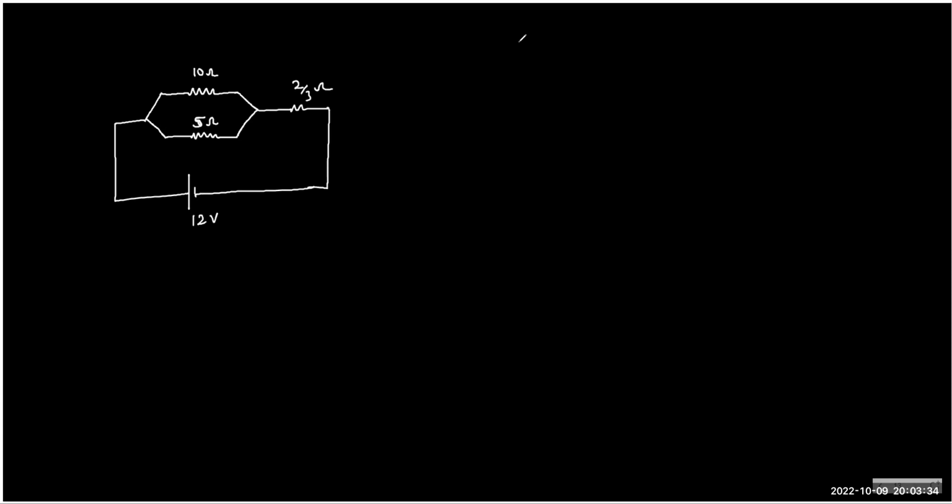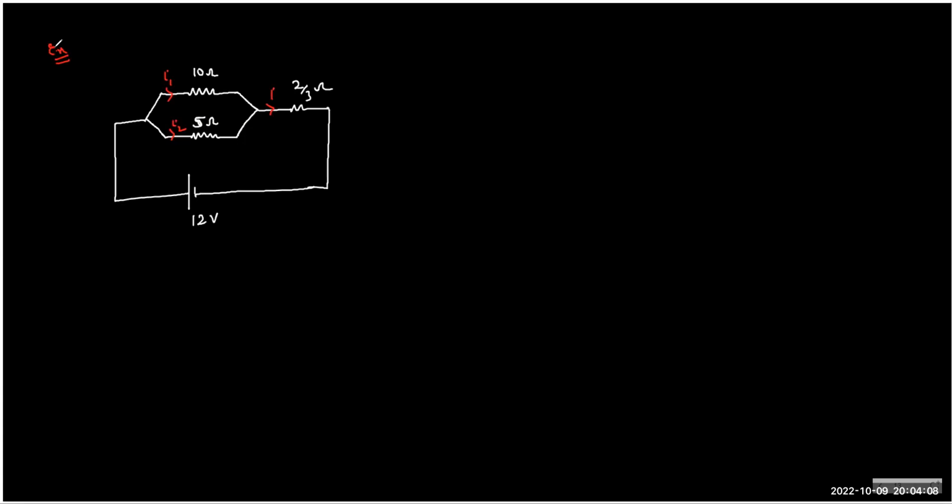Can you find the current through each branch? I want the current here and here. What is I1? So first of all, don't solve. Can you simply reduce the circuit? So what is the R equivalent? 4. R equivalent is 4, correct. Very good.